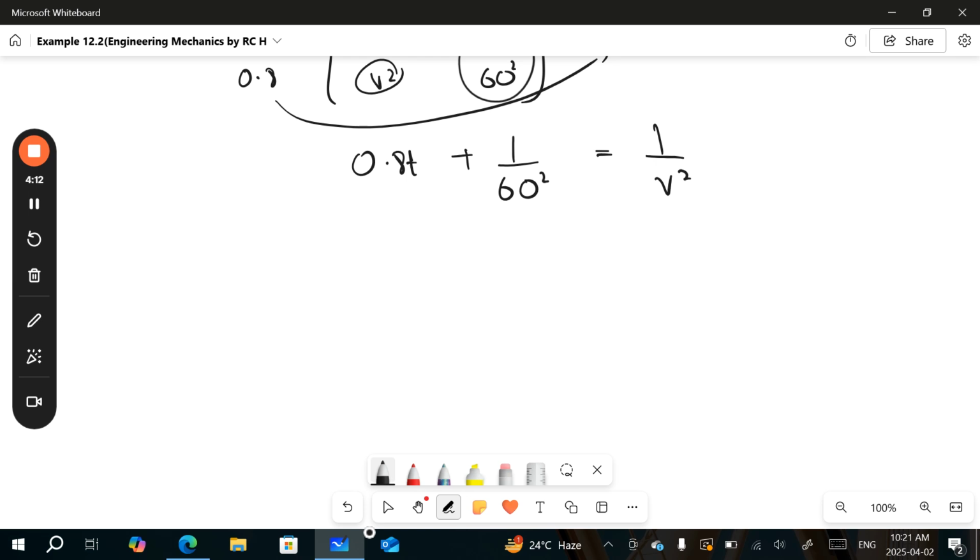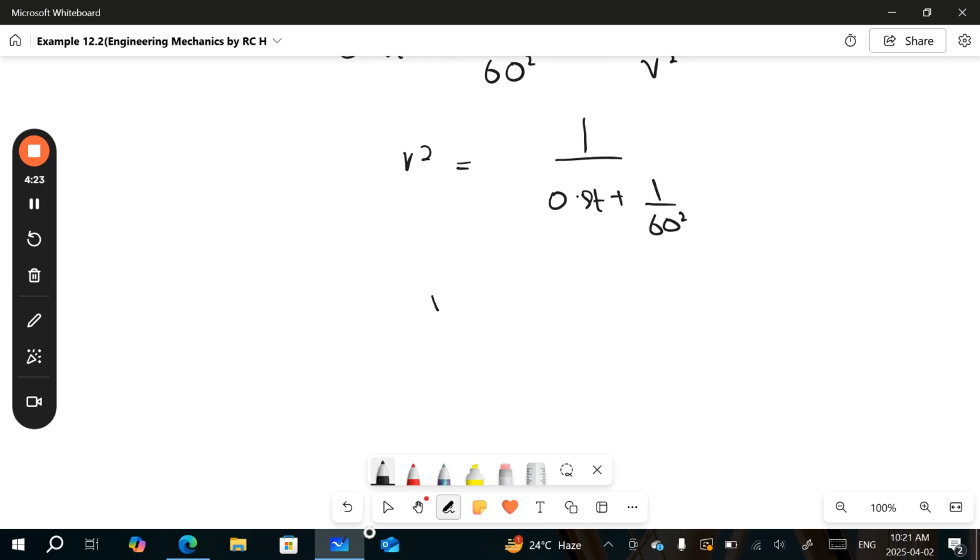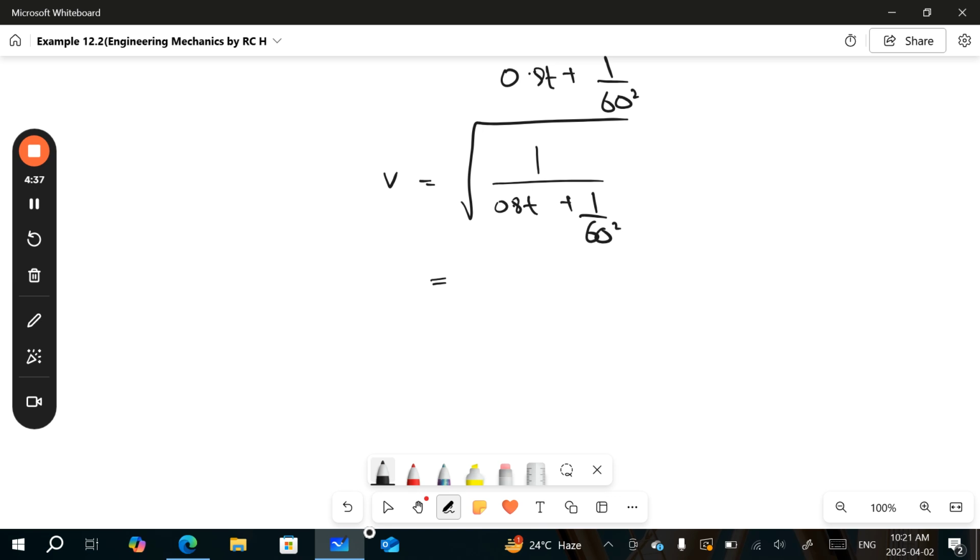We can also write this as v squared equals 1 by (0.8 t plus 1 by 60 squared), and the velocity becomes the square root of 1 by (0.8 t plus 1 by 60 squared). After putting t equal to 4 seconds, as given in the problem, we can find the velocity.